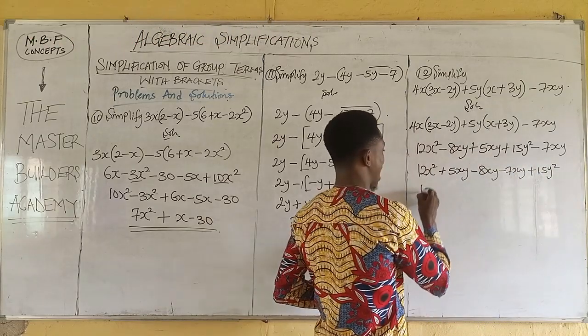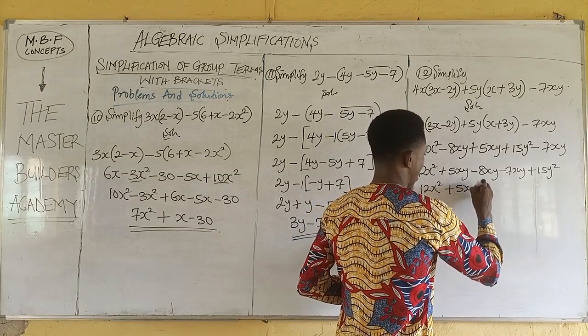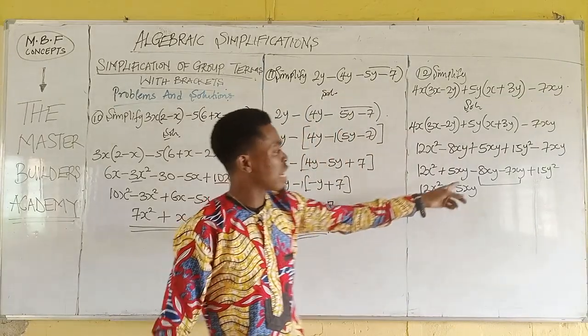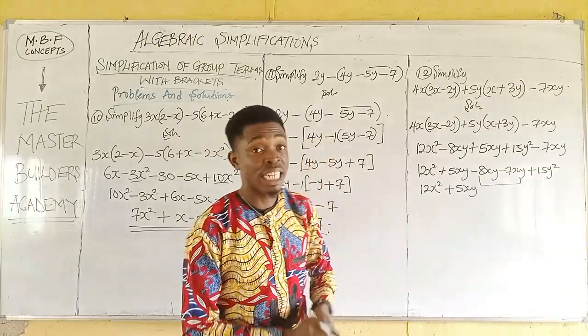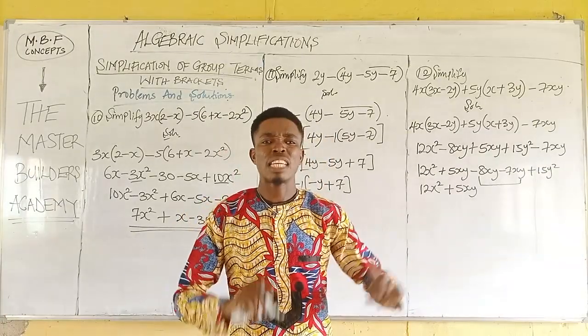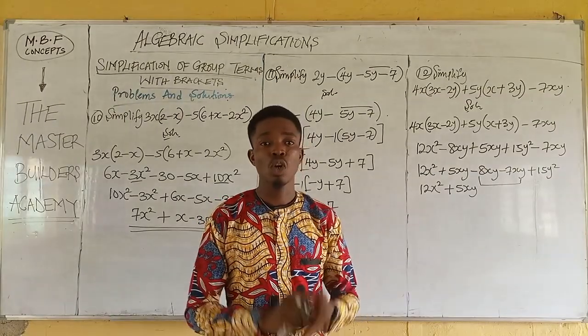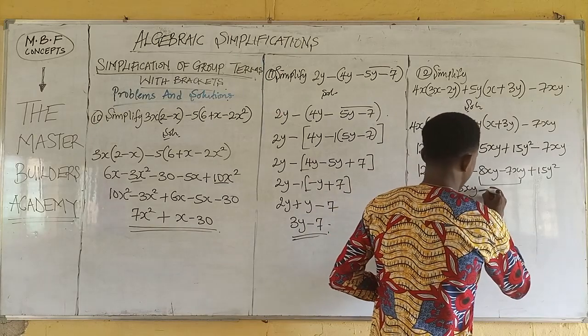As simple as that. So we put down 12x squared plus 5xy. Now let's quickly deal with those ones with negative. Now minus 8xy minus 7xy would have given us minus 15xy. Yes, guys. Minus 8 minus 7 is minus 15. You can check that out with the help of your calculator. Are you there?